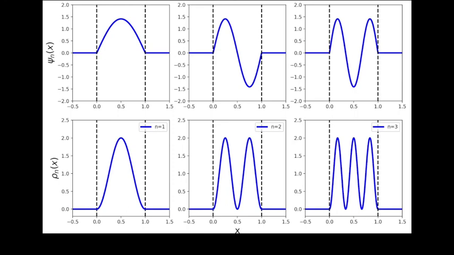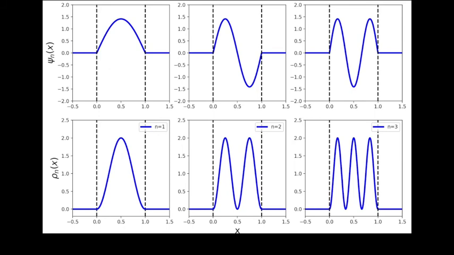When I look at psi n for n equals 2, there is a positive side and a negative side. But when you square it up, both of them become positive. So it's again an oscillatory curve between 0 and 1, but it has two maxima.